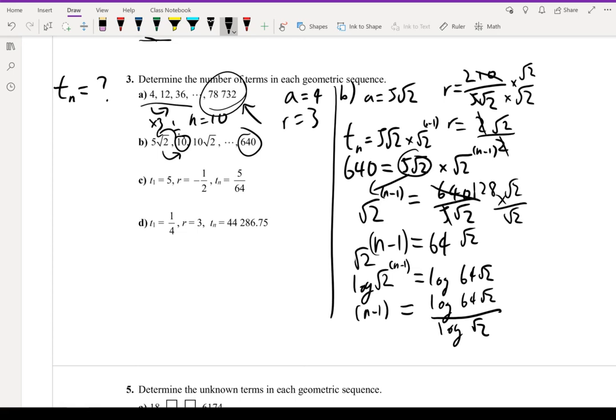Oh no, I messed it up. I can't find it on my phone, but you can use your calculators and do that. I don't have my calculator with me at home right now, so I can't do it. Once you found out what this number is, then you add 1 and you'll be able to find what n is.